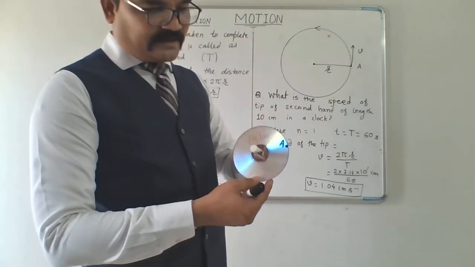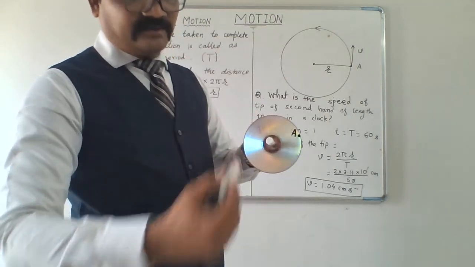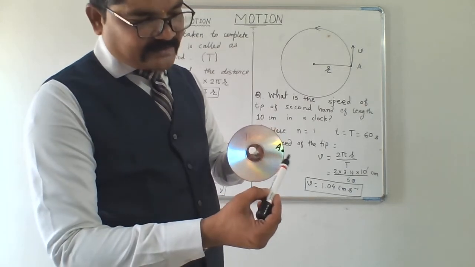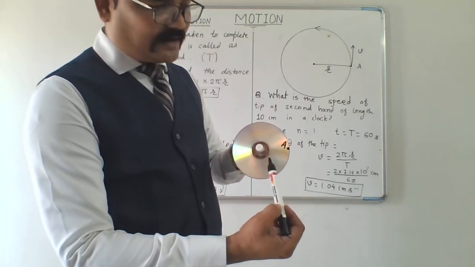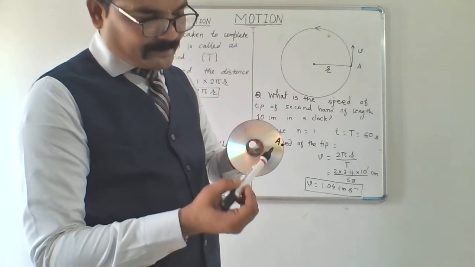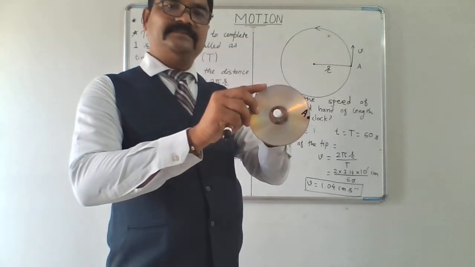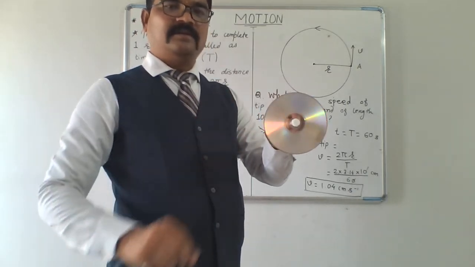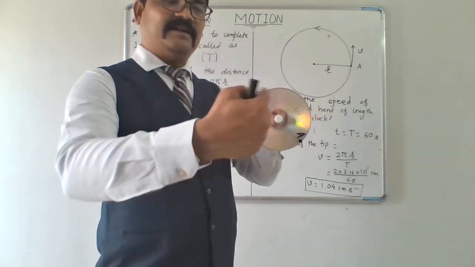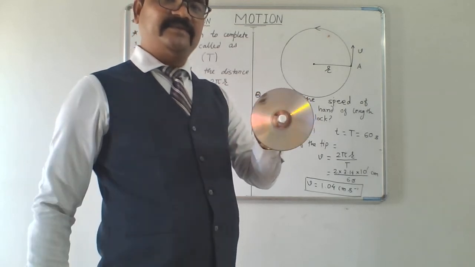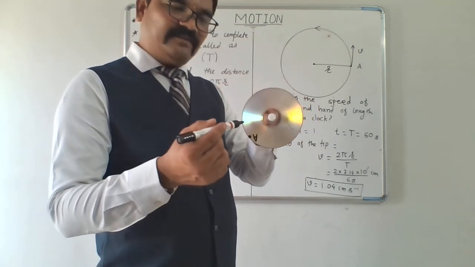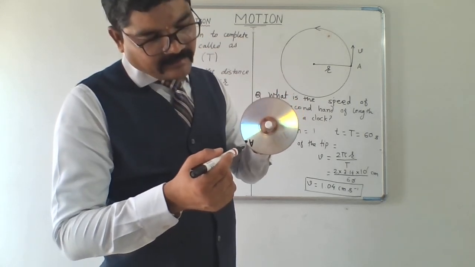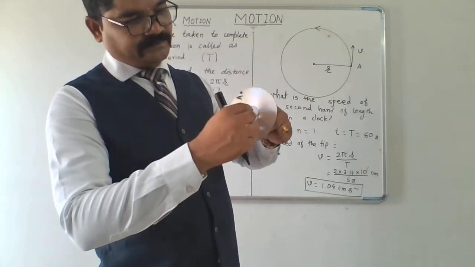Consider this is the circular path and consider a point A here. A is exactly at the last, at the edge of this disc, and if it is rotated, you can see this A completes certain rotations, the number of rotations we can count, but this point A will move with maximum speed.